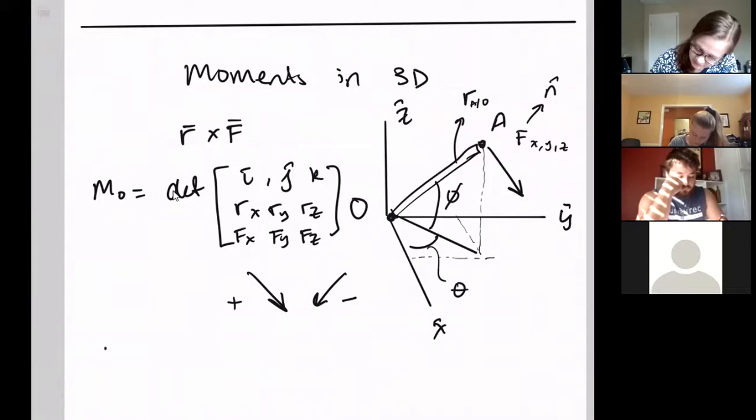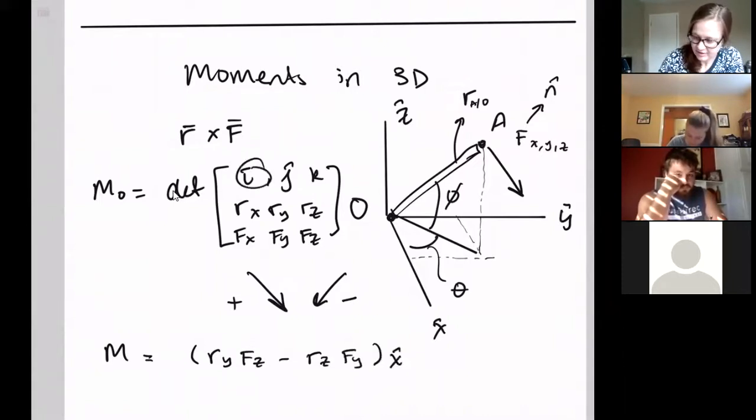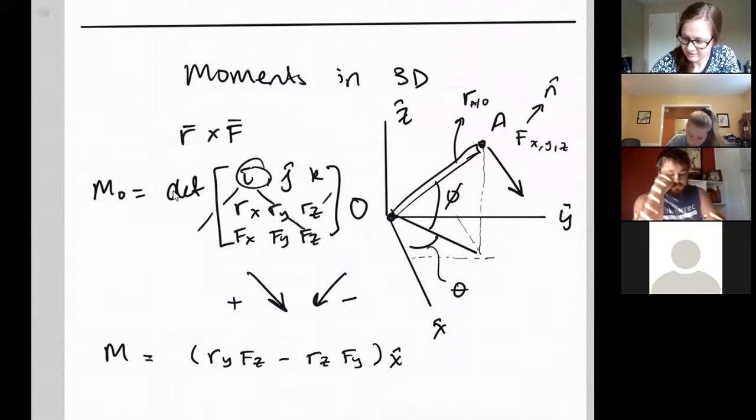But you can also pretend that you've already done that and just include all of the values. So multiplying all the way out, that is Ry f of z minus Rz f of y in the x hat direction. So that's taking i, multiplying it down, and then going to the left using f of y, r of z, and f of z.